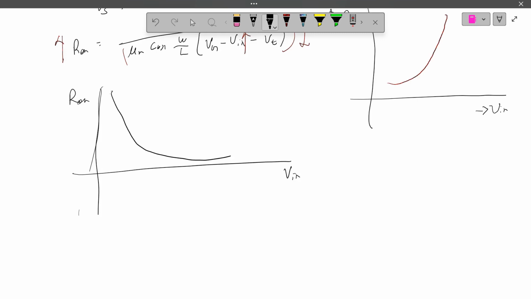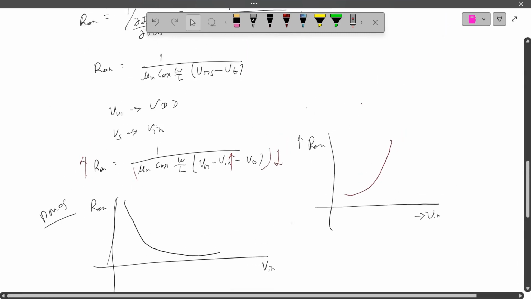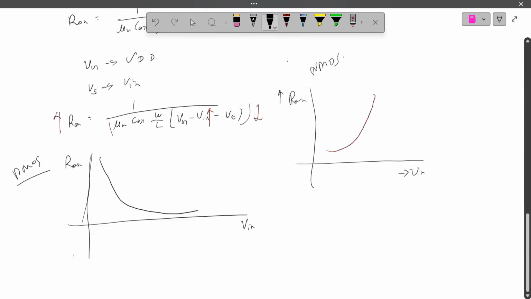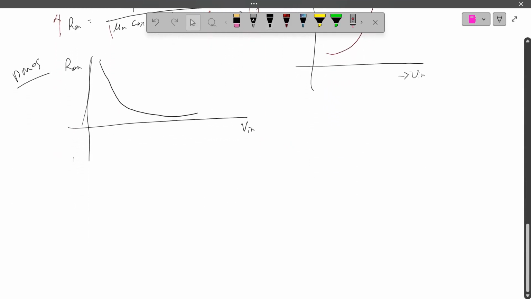This is for PMOS switches, and this is for NMOS switches. You can get those from the Ron equation for NMOS and the Ron equation for PMOS. If you derive the Ron equation for PMOS, you will get this kind of graph, right? If you analyze the Ron for NMOS, you will get this kind of graph.